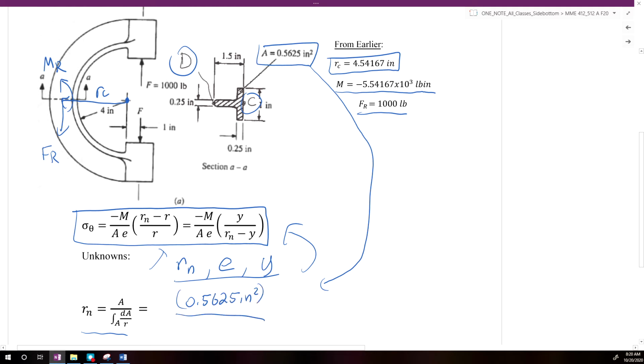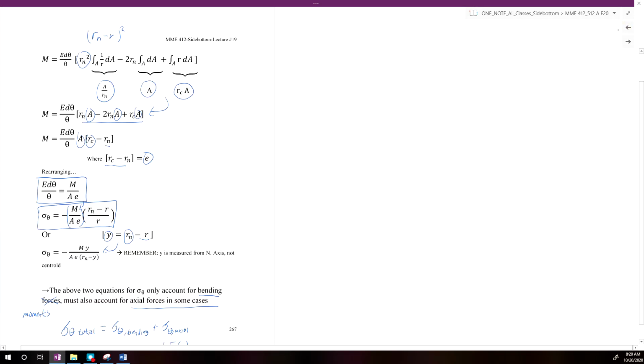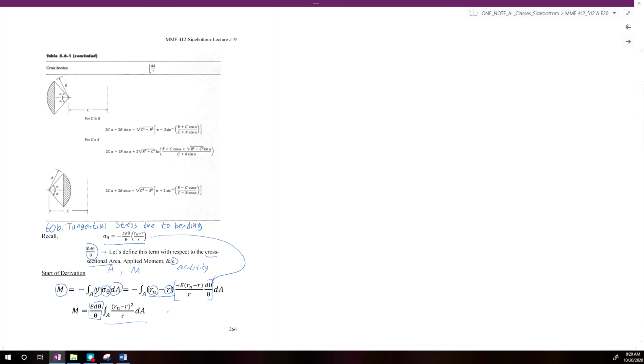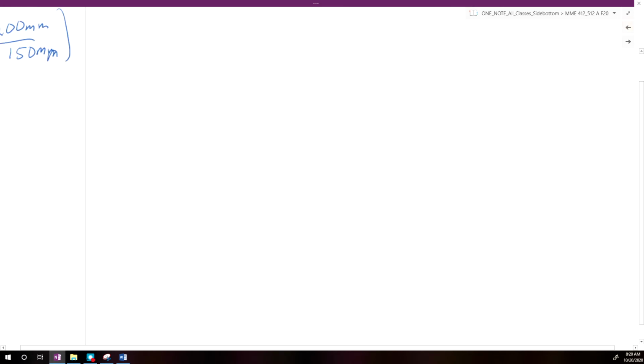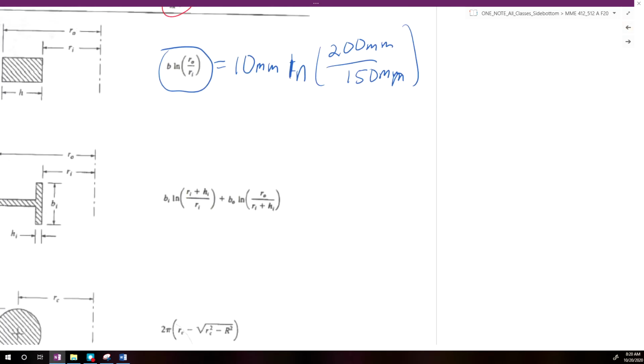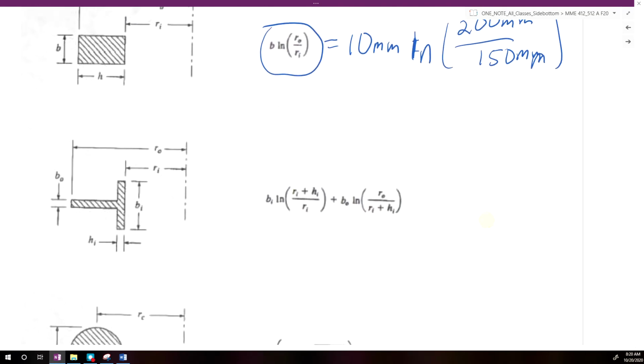And then for the integral in the denominator, we need to go back to our tables. If we go back to our table a few pages ago, this is our cross section here. So we can use this equation here to calculate our integral of dA over r.